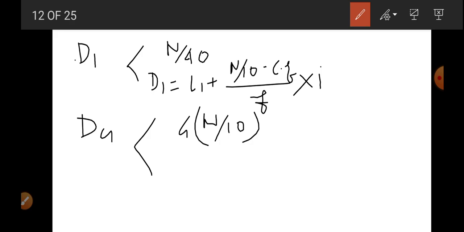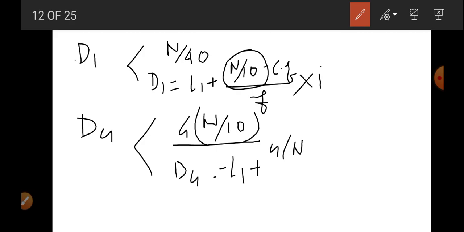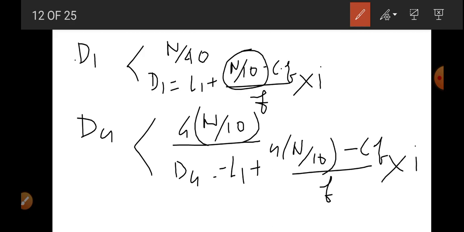Then for D4 the same, just here will be the change: L1 plus (4n upon 10 minus CF) upon F multiplied by I.